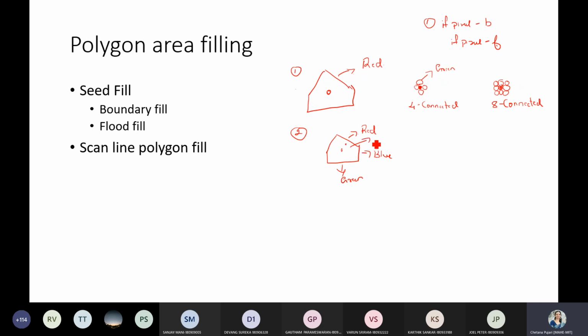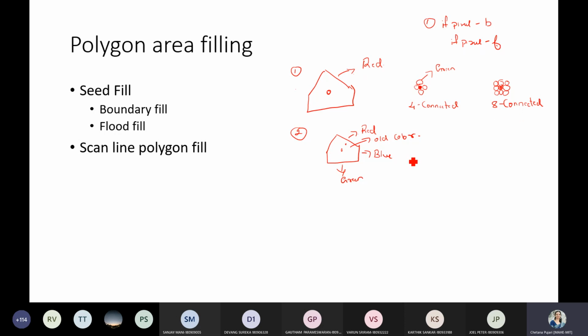Initially you fill the entire region with the old color, and then you check by using the 4 connected and 8 connected methods. Other things remain the same.